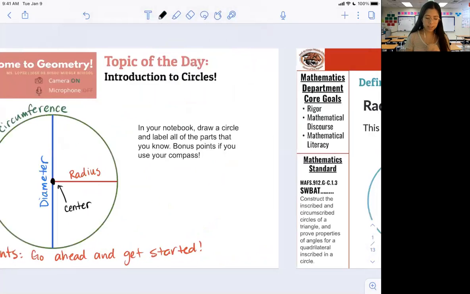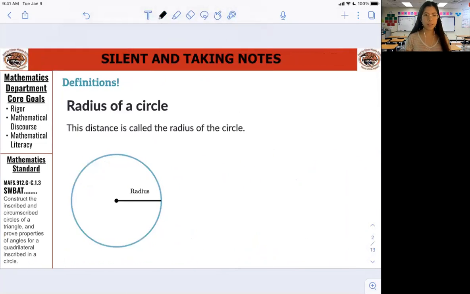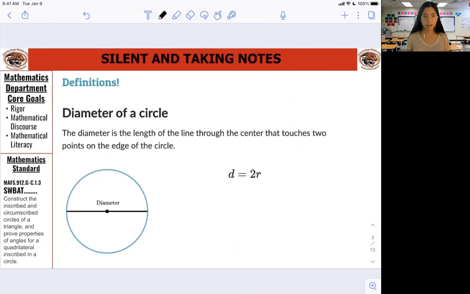Cool. Okay, so I can skip through these a little bit, but I did write them down. You don't need to write them down because I know that pretty much all of you already know this, but you can if you want to. So the radius of a circle is the distance from the center to the outer portion. The diameter of a circle is the length that goes through the center and touches both edges on the outside of the circle.